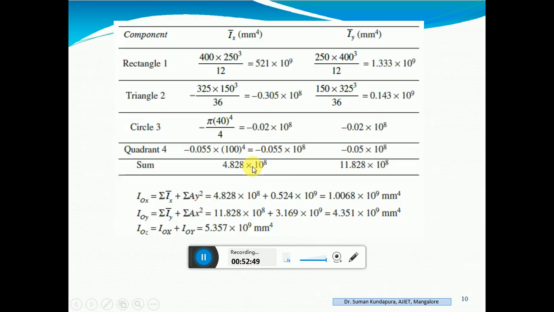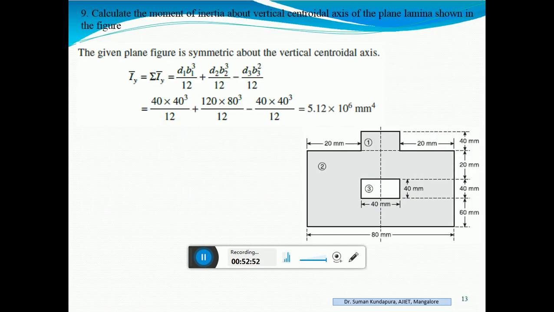Similarly, in our problem, I need only the summation of Iy bar. So I can find Iy bar for each figure, db cube by 12, because all are rectangles here. I can consider this 120 by 80 as one rectangle, this whole as one more rectangle, and this cutout portion as minus db cube by 12.